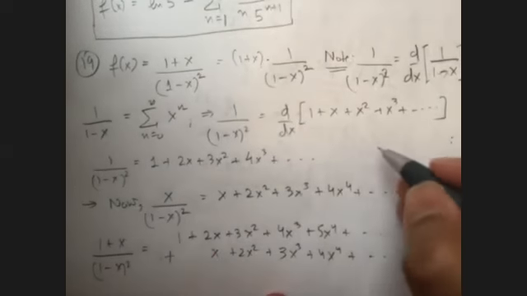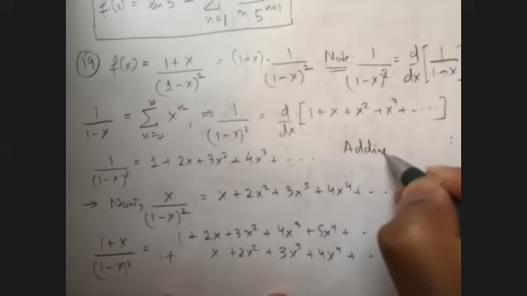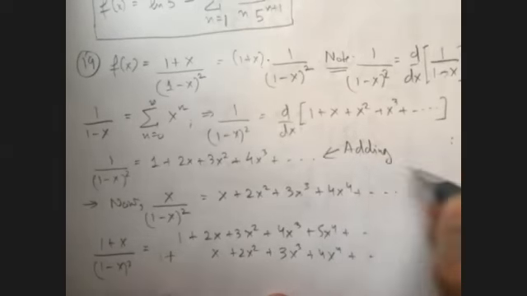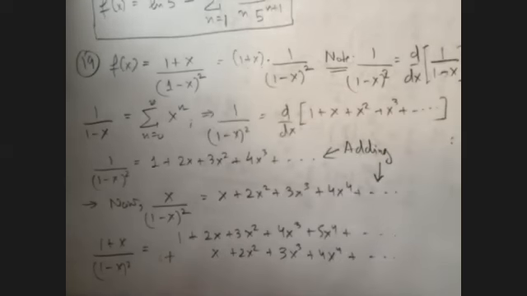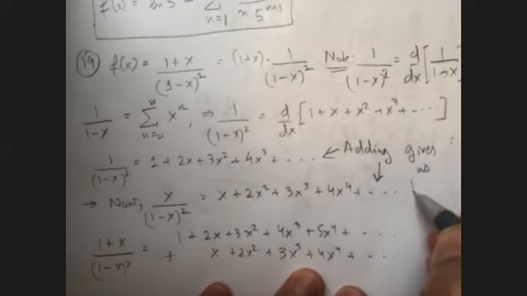So adding these two, adding this and this, gives us 1 over 1 minus x squared times 1 plus x.